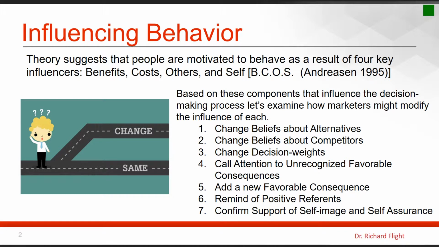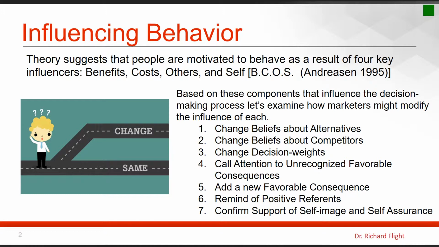And we can also tap into the self element of this model as well. So as a marketer, we want to communicate to the potential client elements that influence the benefits, the costs, others like reference groups, and then self-image. If we can tap into one of those four areas, then we have a stronger possibility of being able to influence their decision-making process.